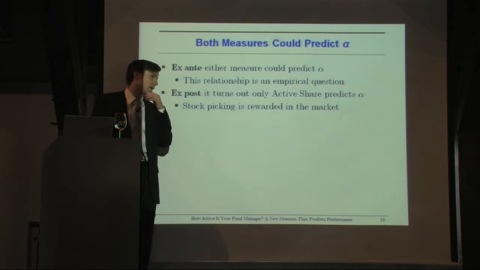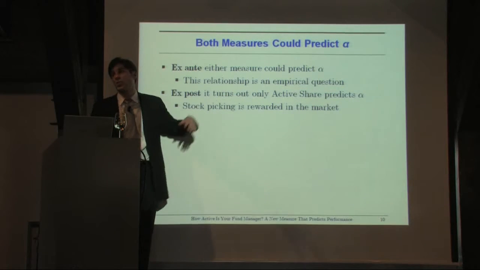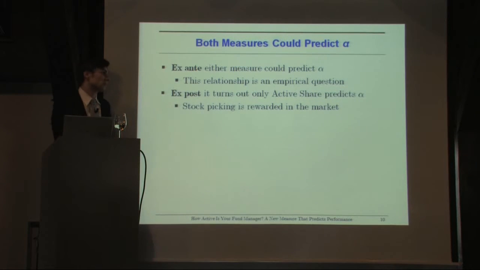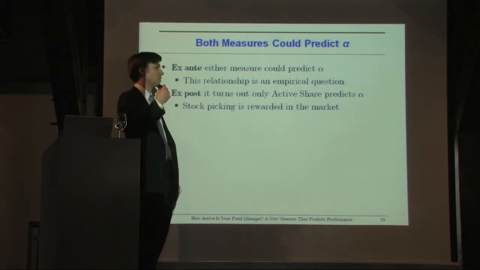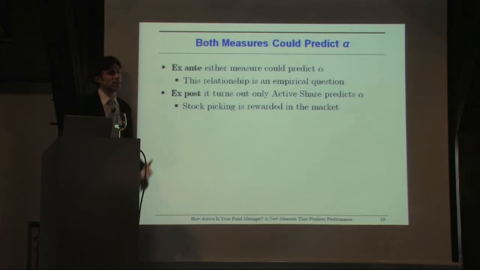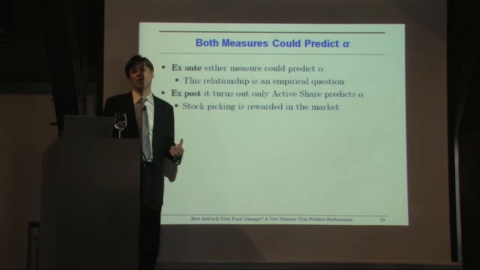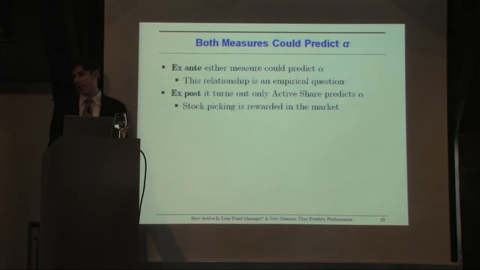What we find in our study is that active share is the measure that actually predicts fund performance. In other words, the funds that have high active share are the ones that outperform, which indicates that stock picking is the dimension that's rewarded in the marketplace. Stock picking is the dimension where managers have been able to add value in the past, even net of fees.